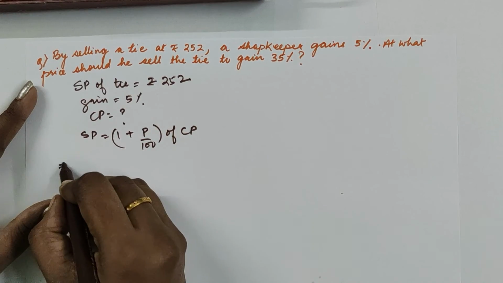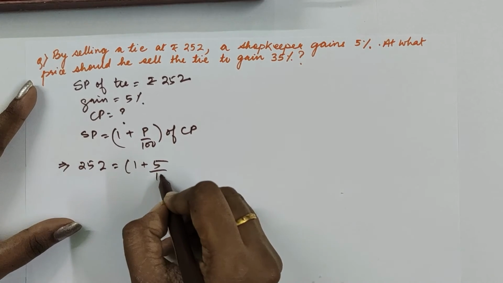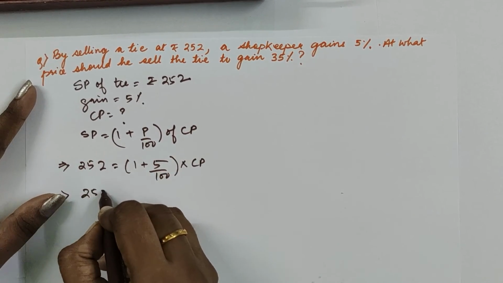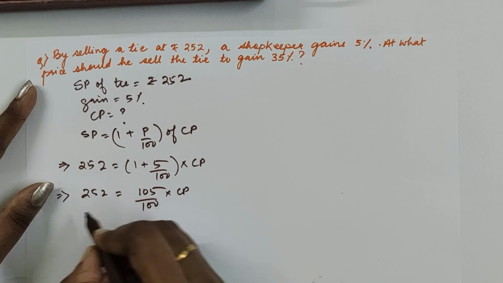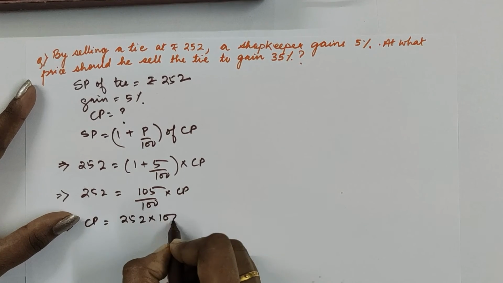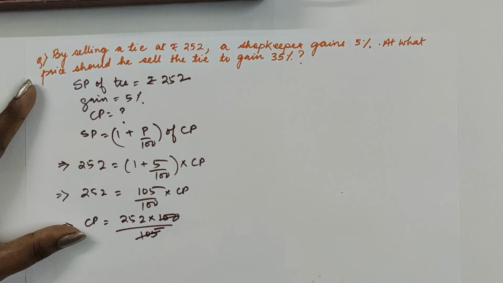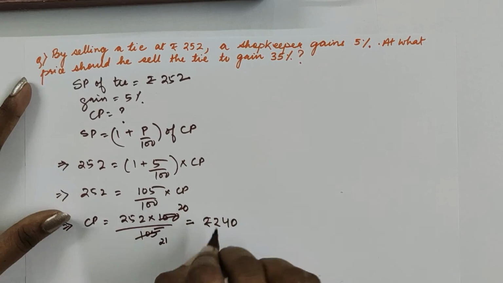We can just use this formula to get the CP here. That is 1 plus 5 by 100 of CP, which we don't know and want to calculate. This is 105 by 100 into CP. So CP is equal to 252 into 100 by 105, which we can cancel, and we get around rupees 240. The CP is 240.